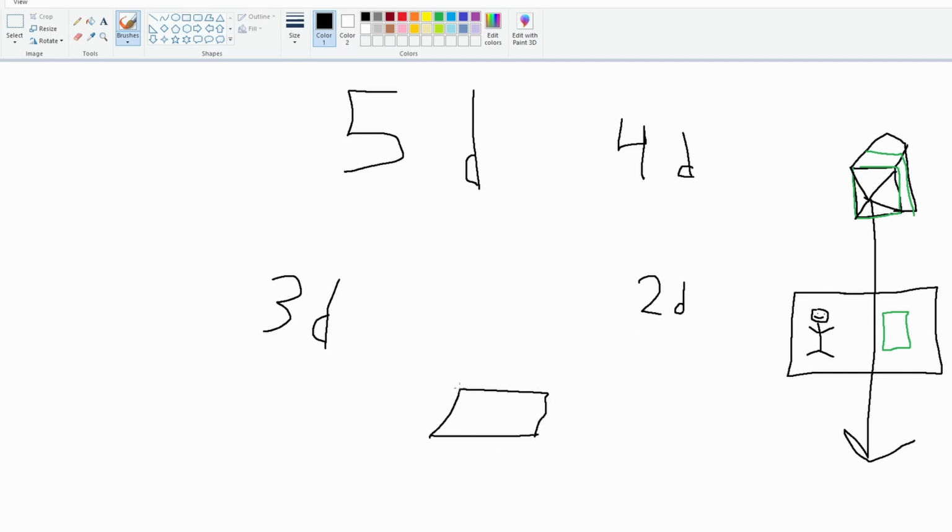I'll just draw it in the normal direction so it's a little bit easier to see. It would look like a point to him that would suddenly grow and grow into a bigger and bigger square as it moved down through his world. It would start at this point, and then it would become a square, and bigger and bigger, and then once it became all the way to this size of a square, it would just disappear.